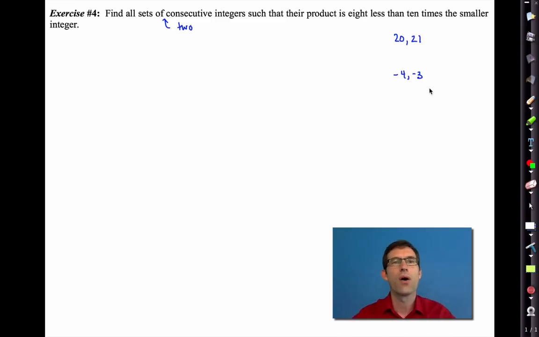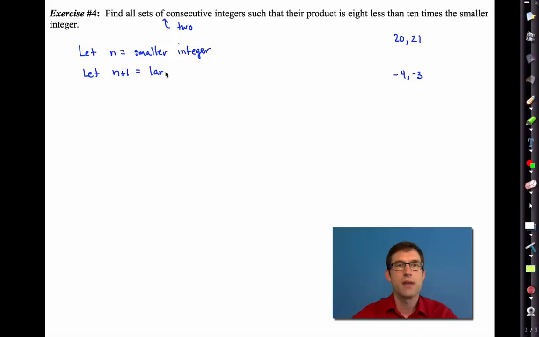So I want to find all sets of consecutive integers such that their product is 8 less than 10 times the smaller integer. So let's use n again. Let's let n equal the smaller integer. Now remember, if we're talking about consecutive integers, then each one of them just gets larger by 1, so n plus 1 is the larger integer.